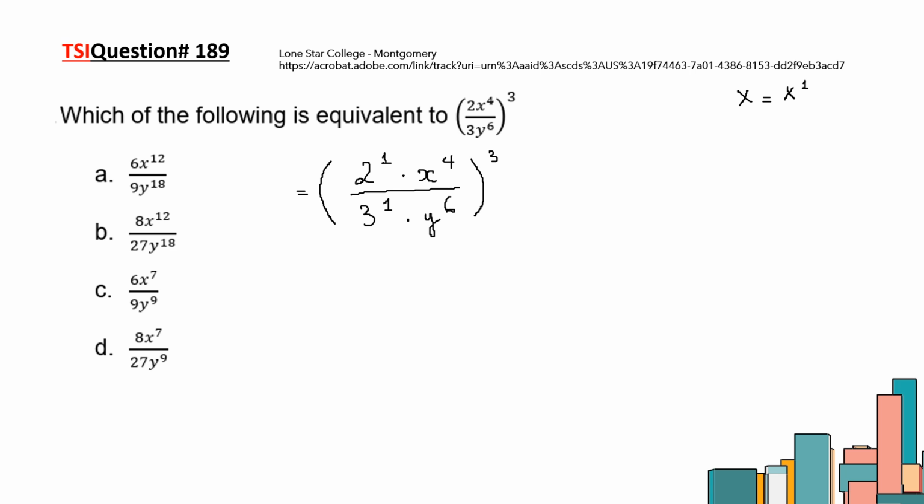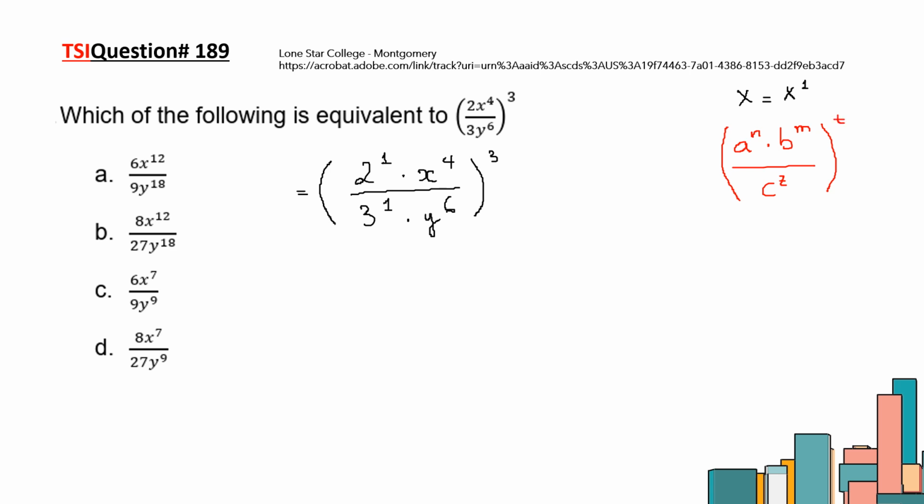So we also have that if we have a^n times b^m, and if we have c^z, and all of it to the power of t.